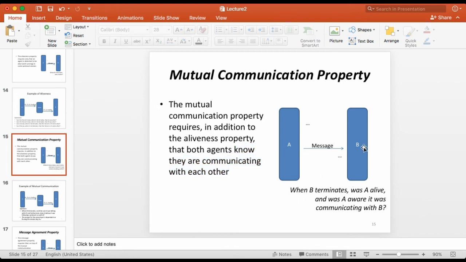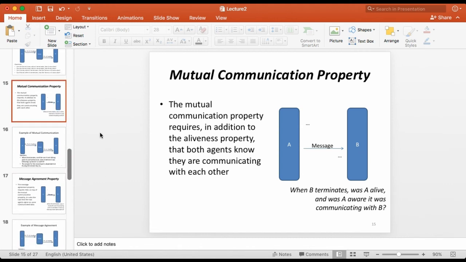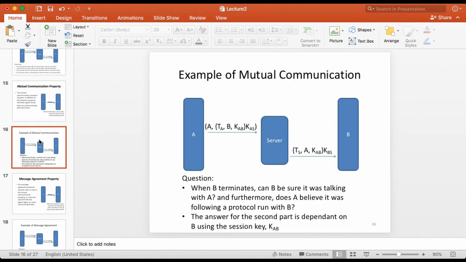So the idea here is that when B terminates, the question is, was A alive? And second thing, was A aware that it was communicating with B? I don't want to know that A was alive only, but that A really intended to communicate with myself, and that it wasn't actually trying to communicate with someone else.